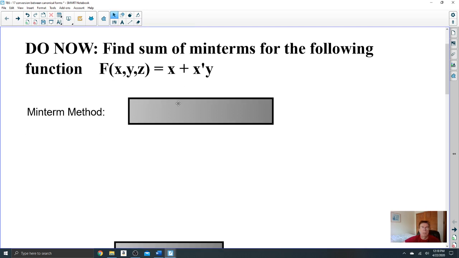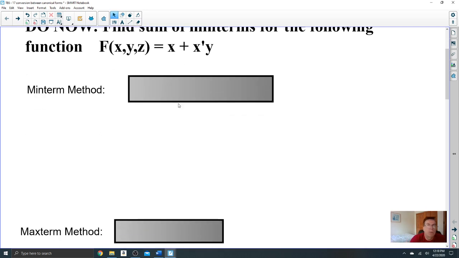This function will be equal to x. We're missing variable y, so we multiply x times 1 in the form of y plus y prime. As you know, a plus a prime is equal to 1, so y plus y prime is also equal to 1.